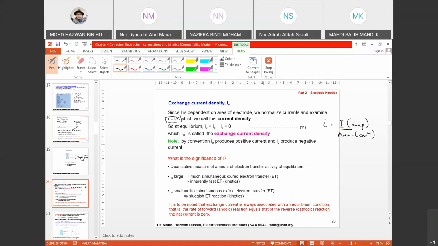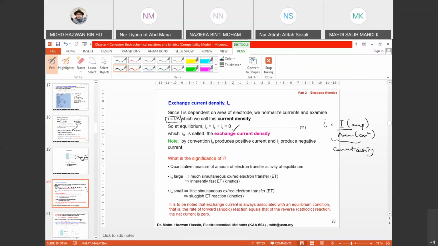Okay, this one we call current density. So at equilibrium, the exchange current density will always be zero, because the forward reaction, the anodic current density, is positive and the reverse process is negative.